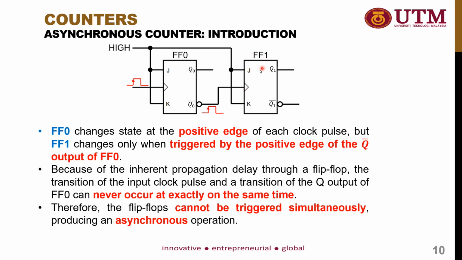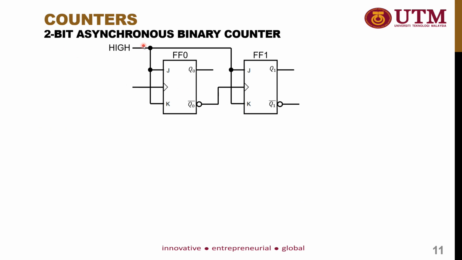So the triggering does not occur at the same time, and because of that, it is called asynchronous. So this is the example of the 2-bit asynchronous binary counter.